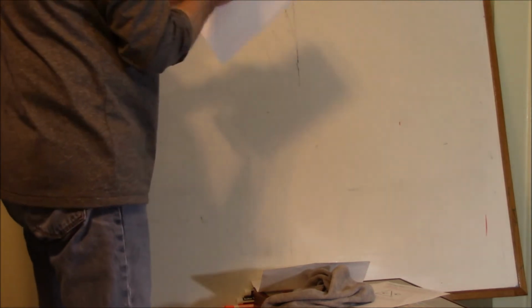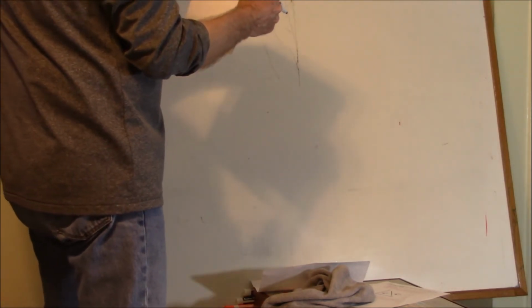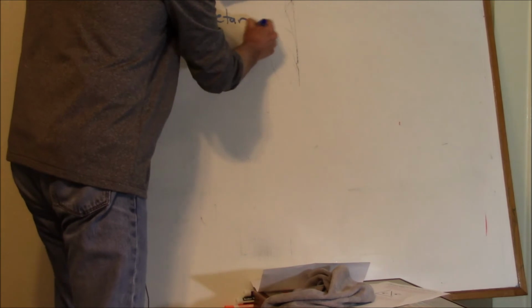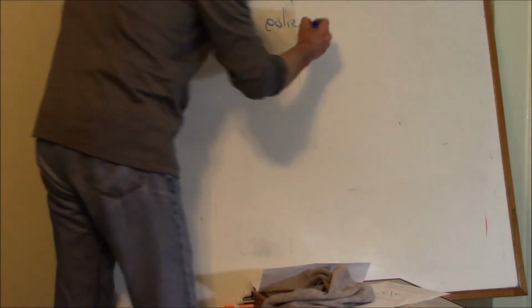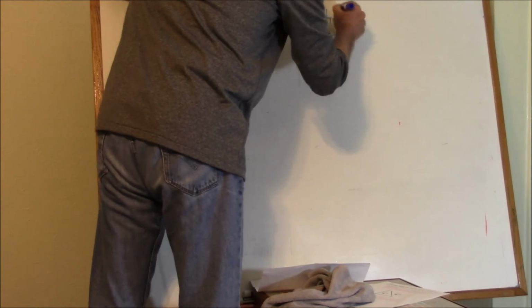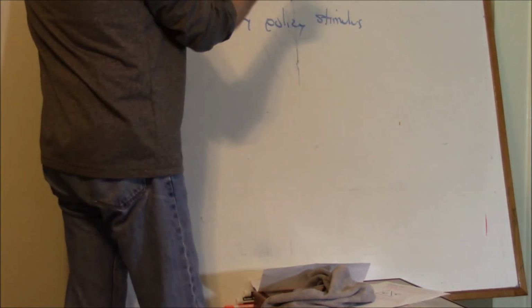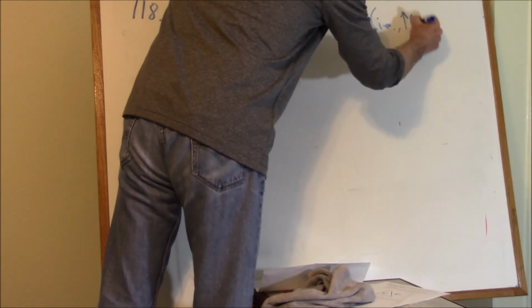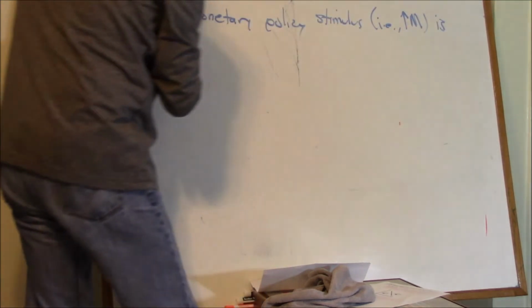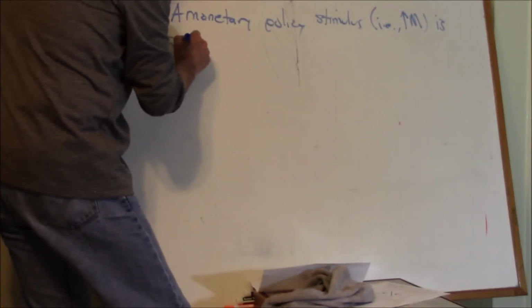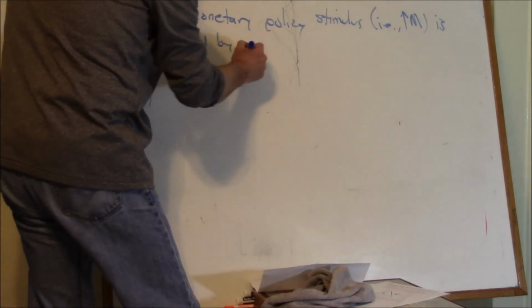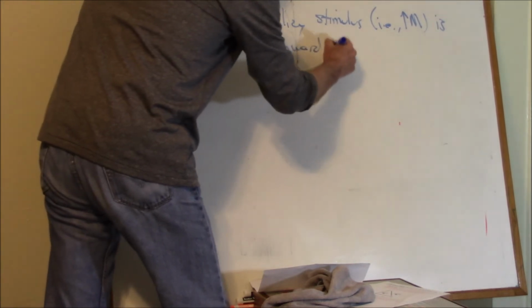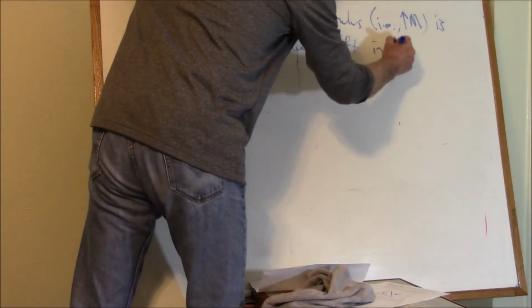A monetary policy stimulus, that is, an increase in money supply, is represented by a downward shift in LM.